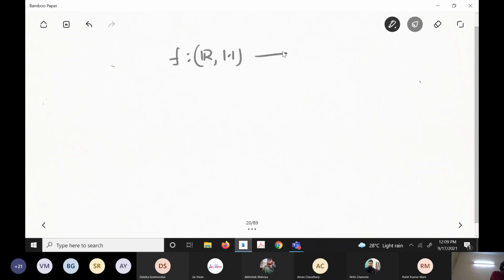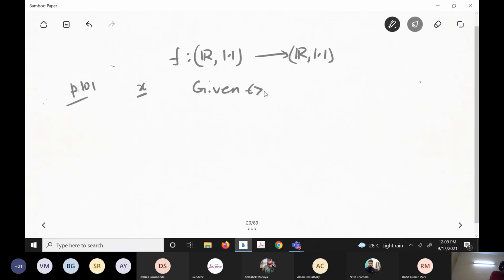An interval is also a metric space. But look how you got continuity at a point x. This is the definition I have given at the end of page 101.